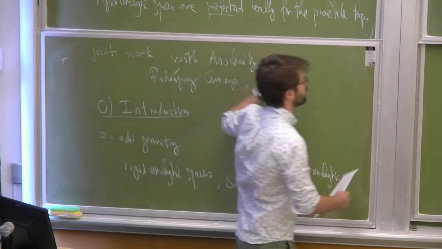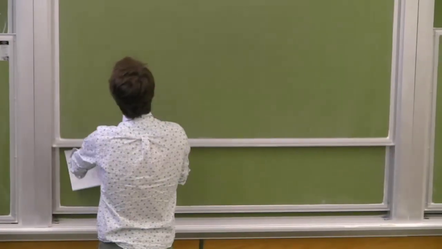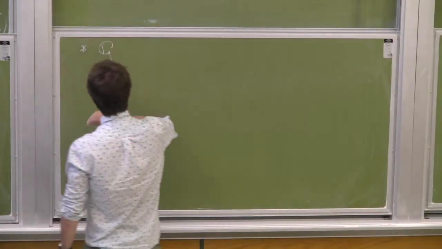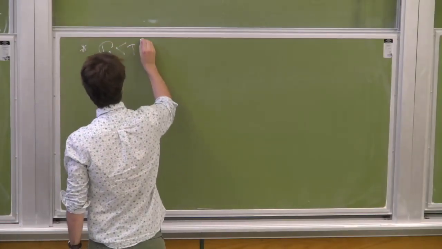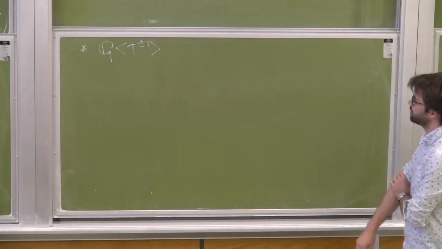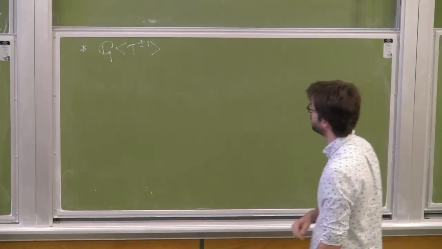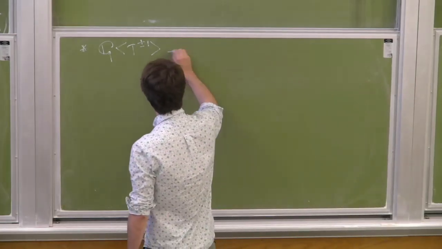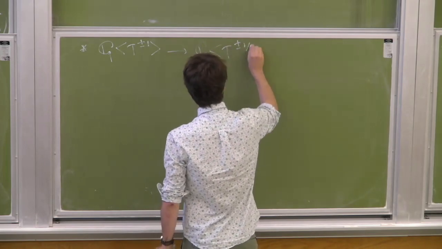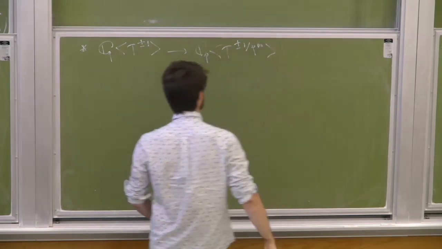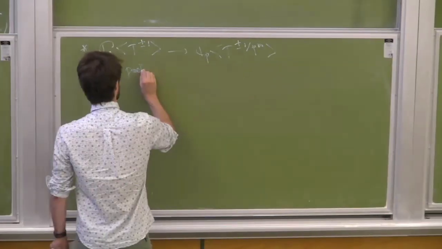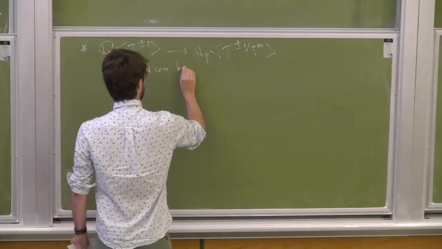To give an example of this phenomenon, a typical example of a perfectoid cover would be, over C_p, if you take the ring of rigid analytic functions on the p-adic circle, then this maps to the variant where you have extracted infinitely many p-power roots of the coordinate, and this is an example of a ring covered by a perfectoid ring.